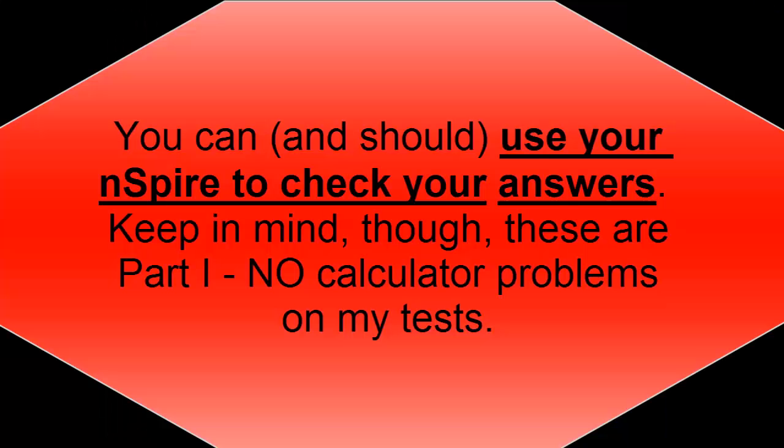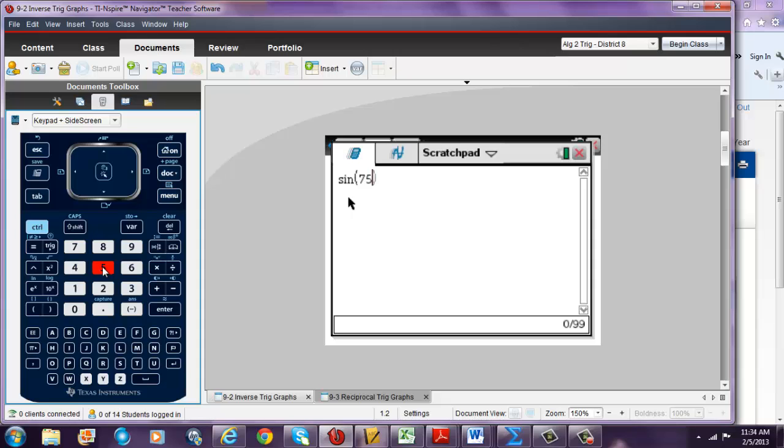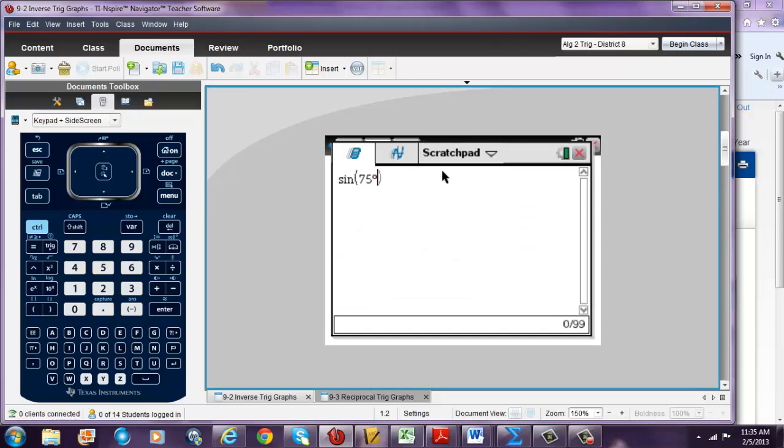I do expect you to be able to check on your Inspire, although you can't use them on the part 1s of my tests, but it's worth it while we're learning. So go to your Inspire. Type in sine of 75 degrees, and you'll get an ugly decimal. It's nothing we know. It's not a value we've ever seen before. So we approximate with a decimal.